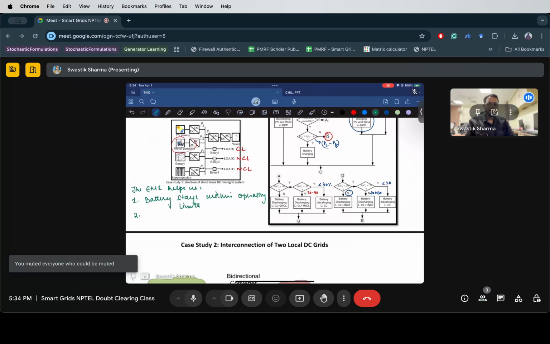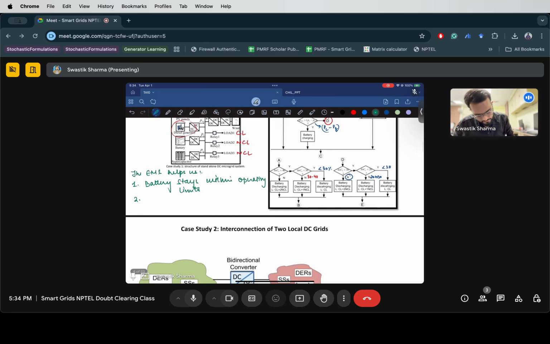We want to make sure that the critical loads are being met at all times, and we can have a procedure to shed non-critical loads if we have to, right?